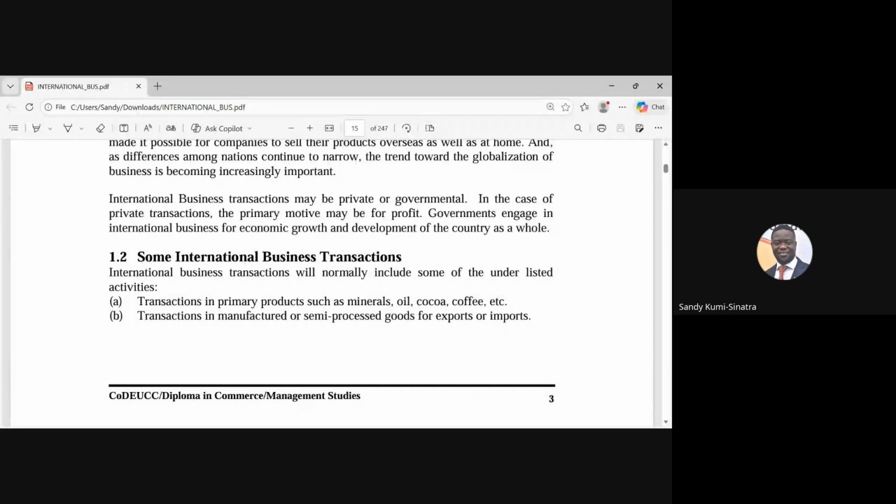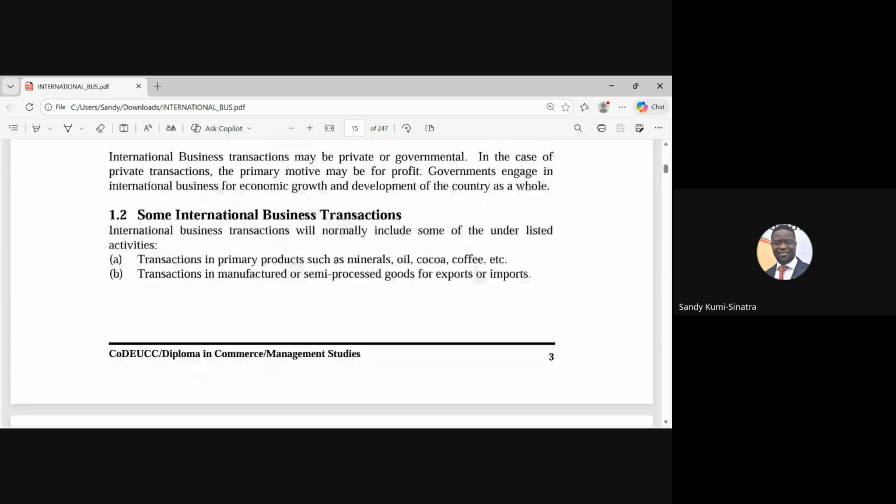Then we also have transactions on semi-processed goods for exports and imports. So we also process some commodities or goods to be precise, and we sell it outside Ghana or we import those goods inside Ghana to help us produce a finished good.